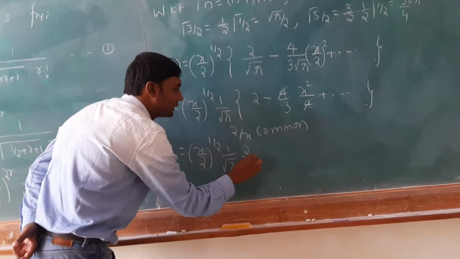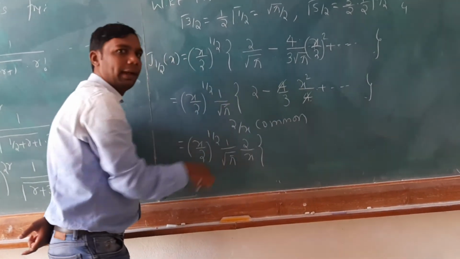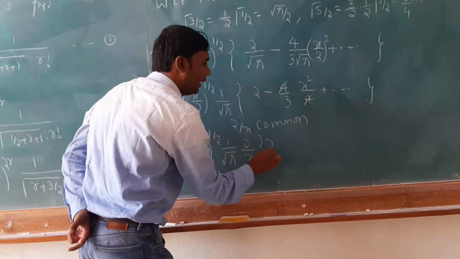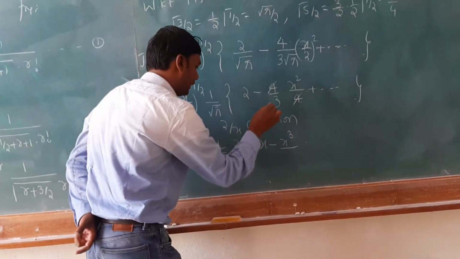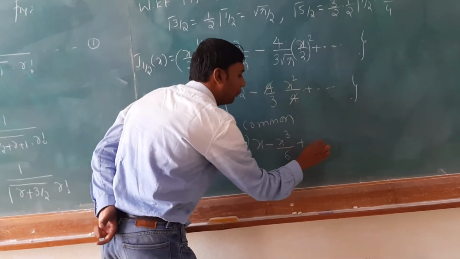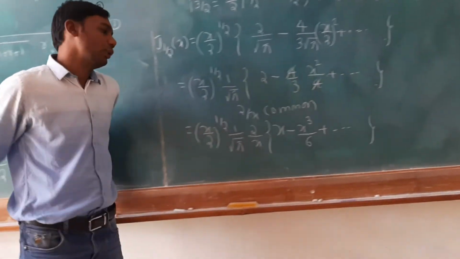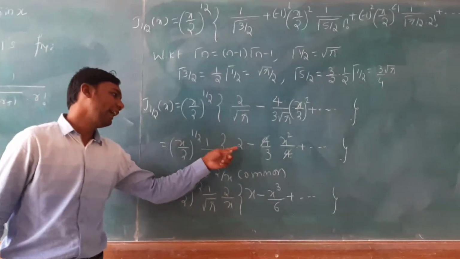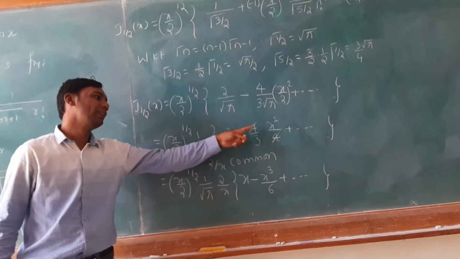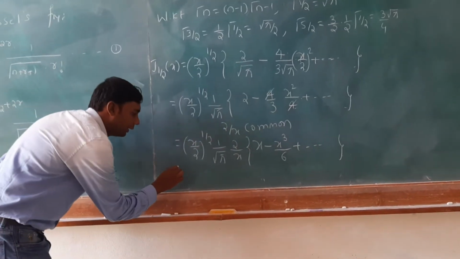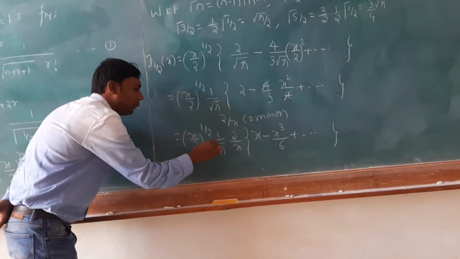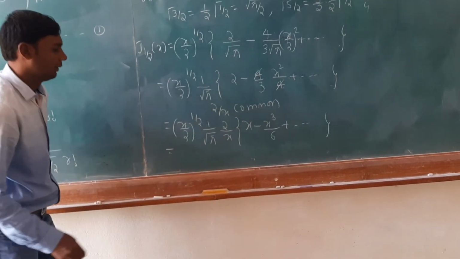Taking 2 by x common means multiply x by 2 here. We get x minus x cube by, that is 3 into 2, which is 6, plus so on. Here the 2 cancels x, then x square into x is x cube, 3 into 2 is 6. Then x by 2 raised to 1 by 2, you take inside.